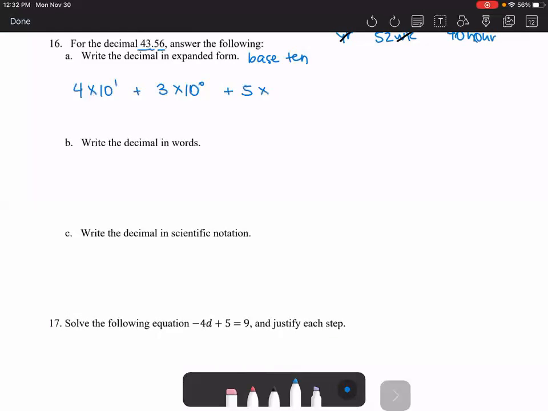Then we have 5 in the tenths place, which is 10 to the negative 1, and 6 times 10 to the negative 2, the hundredths place. Because 10 squared is 100, and because of the negative, it's hundredths. So this is how you write a decimal in expanded form.